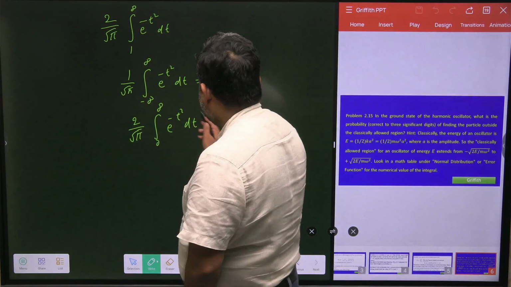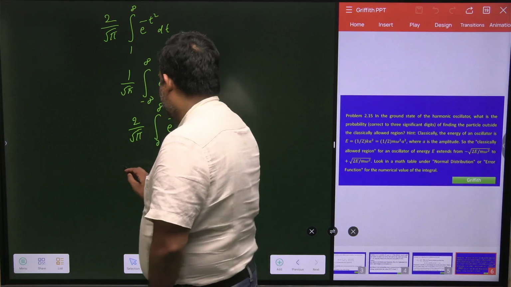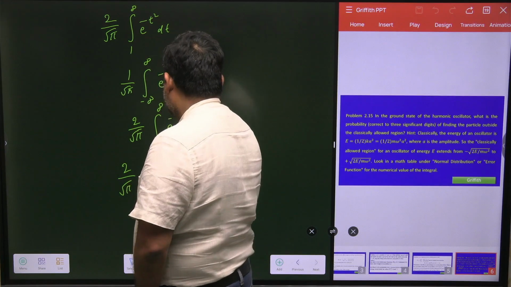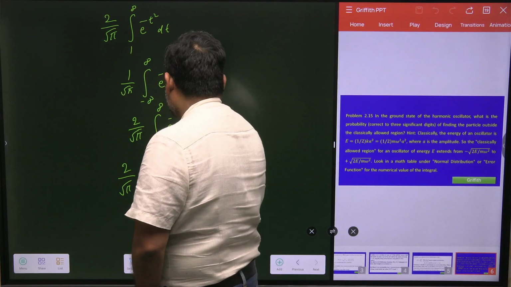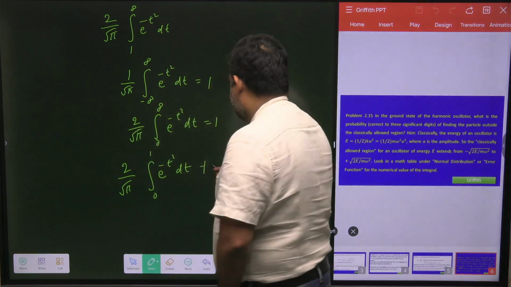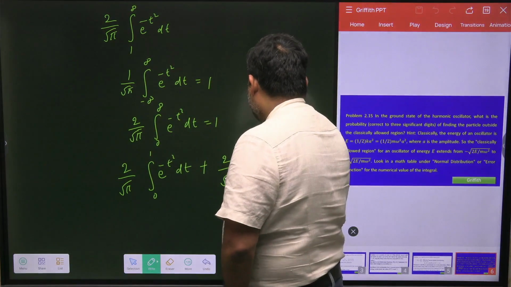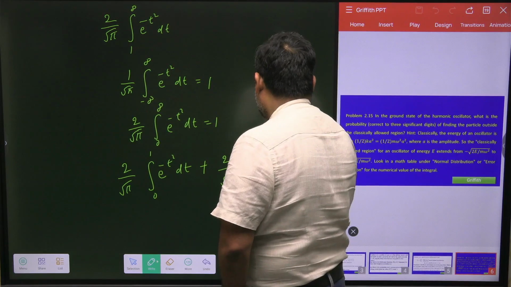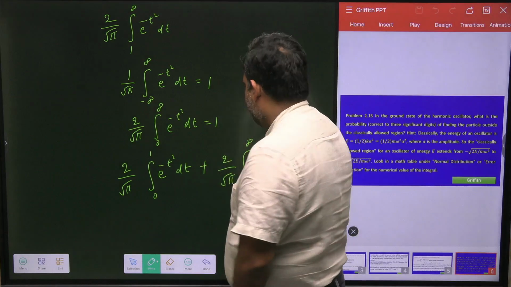And we can write this whole integration in two parts. So what you will get? 2 upon root pi times the integral from 0 to 1 of e to the power minus t square dt, plus 2 upon root pi times the integral from 1 to infinity of e to the power minus t square dt, must be equal to 1.